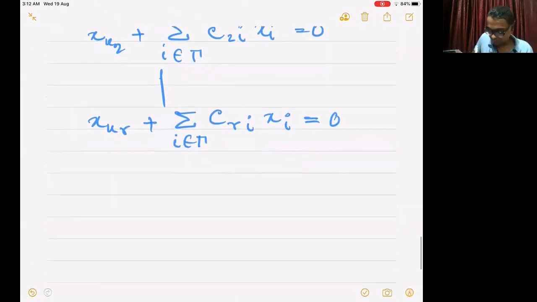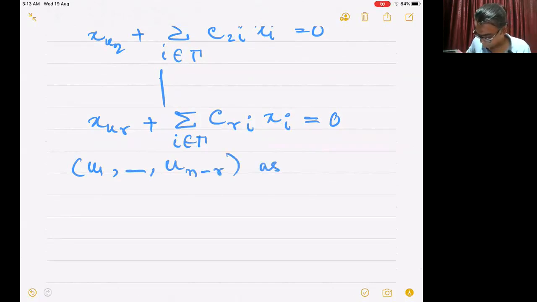Yeah, so then we just define u1 up to u_(n-r) as x_i, i in gamma.